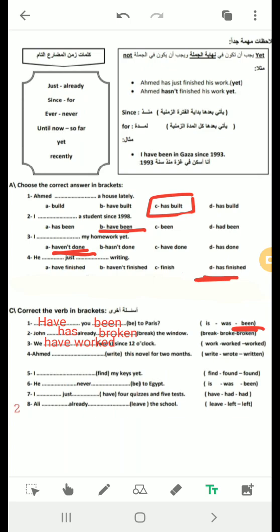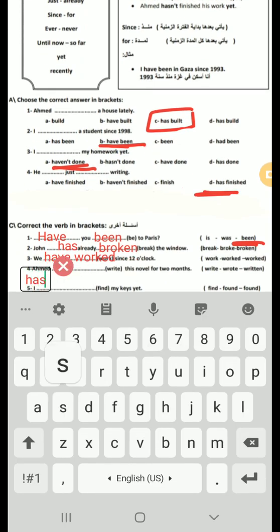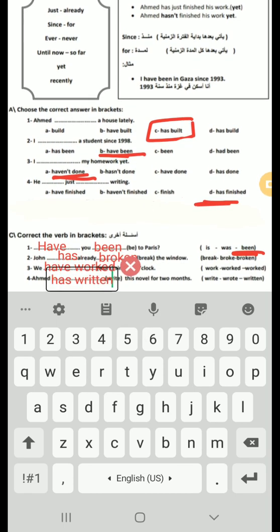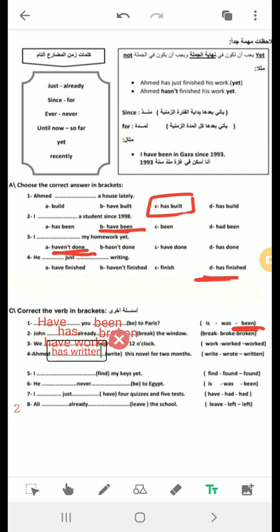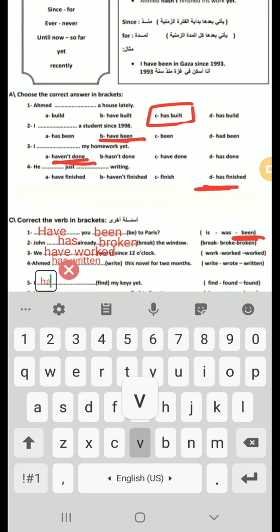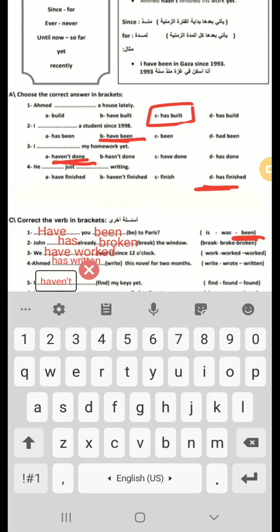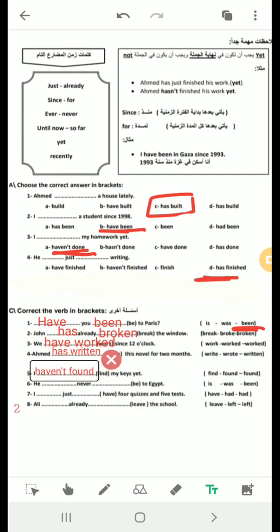Ahmed space write this novel for 2 months. Ahmed has, and we use the past participle written, so Ahmed has written this novel. Here, I find my keys yet. Here we use yet at the end of a negative sentence, so I haven't found here.